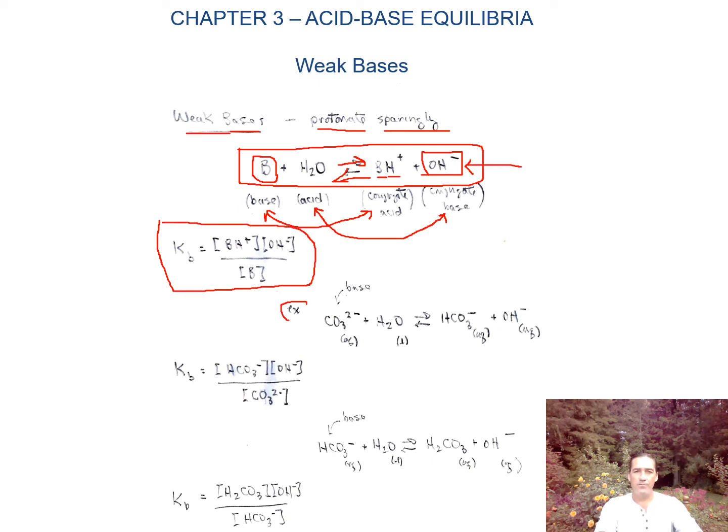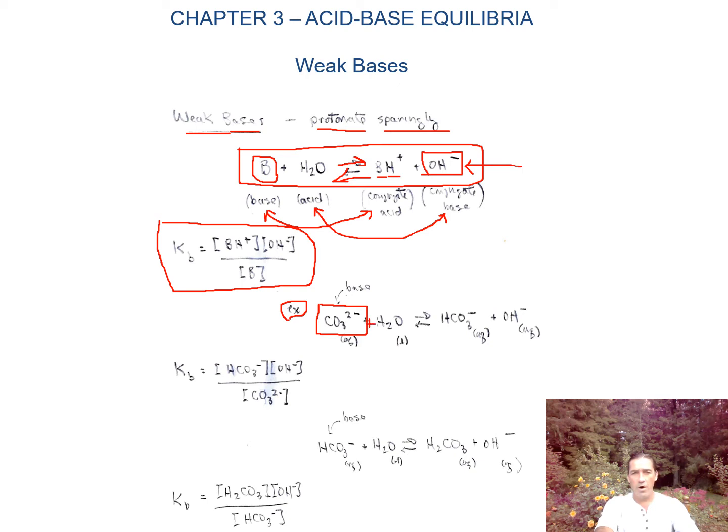And for example, let's look at carbonate. There's a lot of carbonate in natural waters because it's in equilibrium with calcium and magnesium carbonate minerals that are in the sediment and also in the exoskeletons of organisms like corals and seashells.